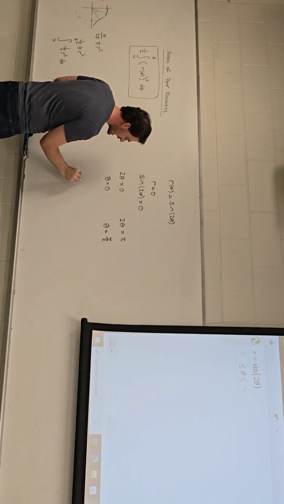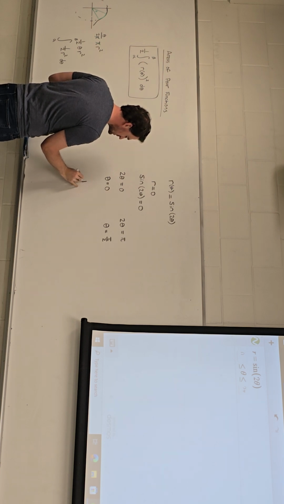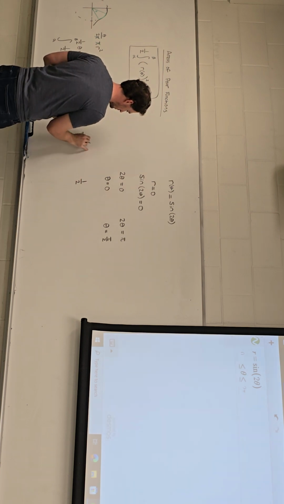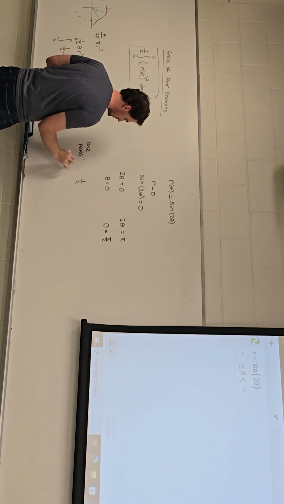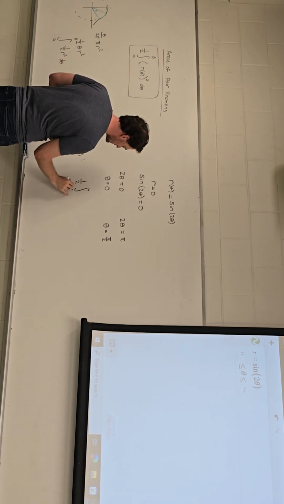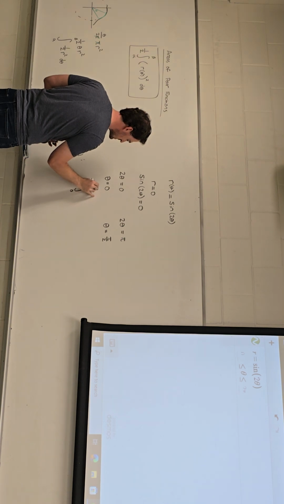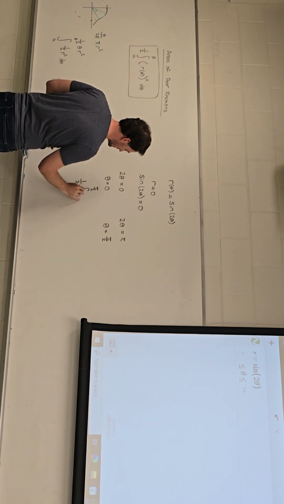So now, the area of one of the petals is 1/2 the definite integral from 0 to pi over 2.